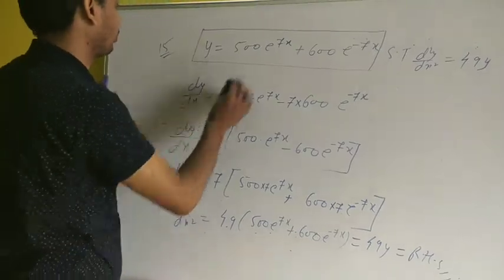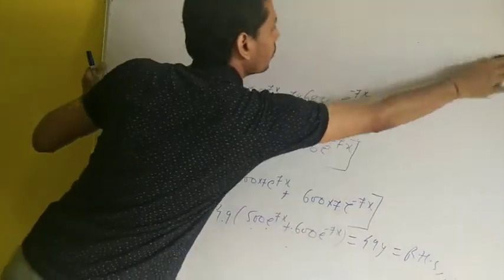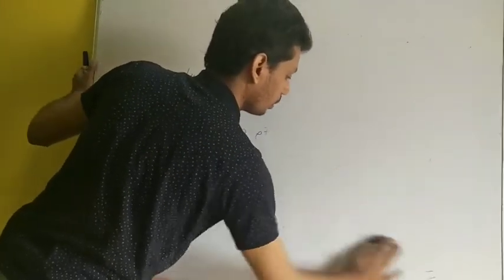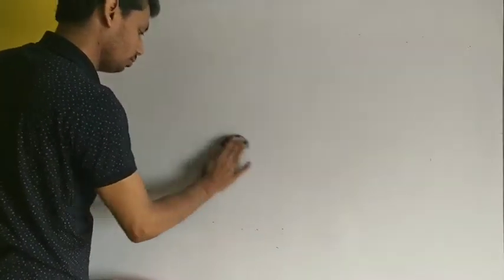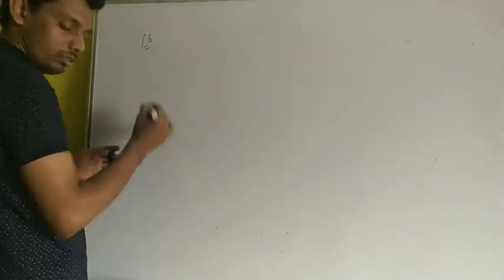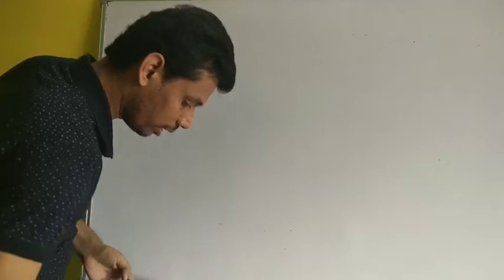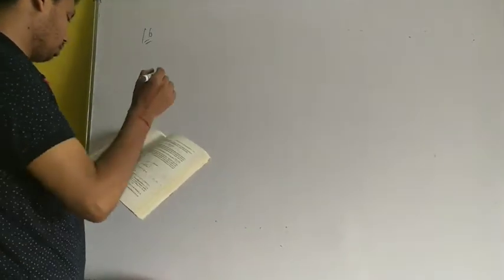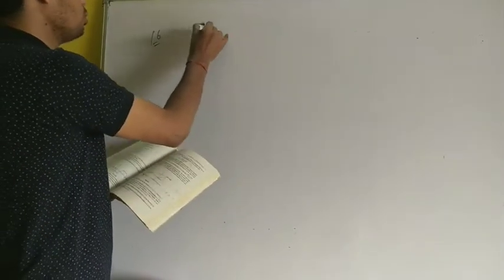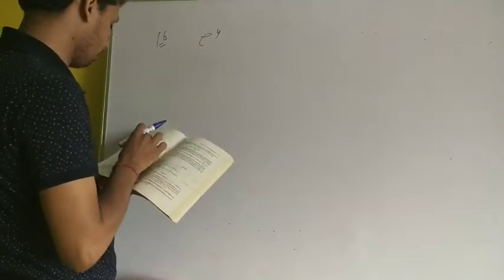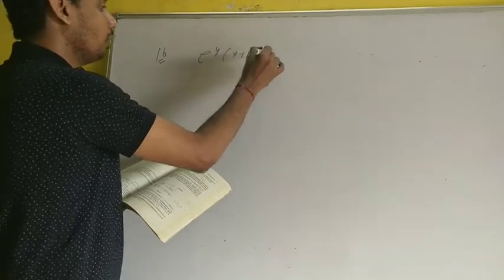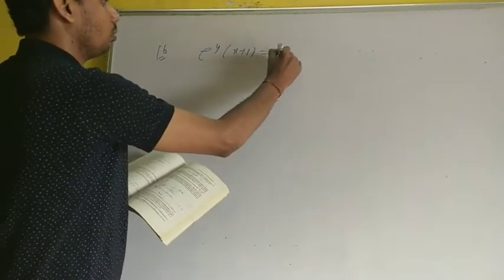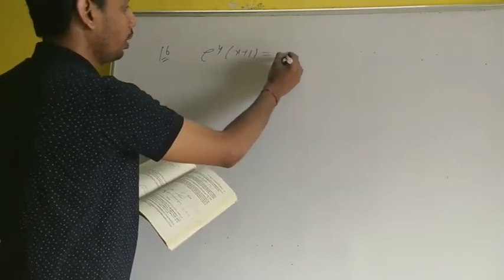Question number 16. Now see, in question number 16, it is given that e to the power y times (x plus 1) is equal to 1.